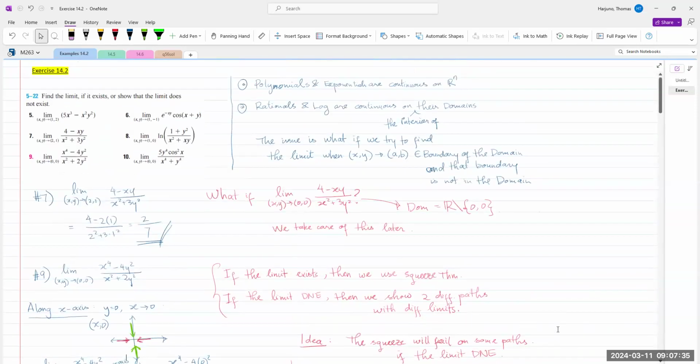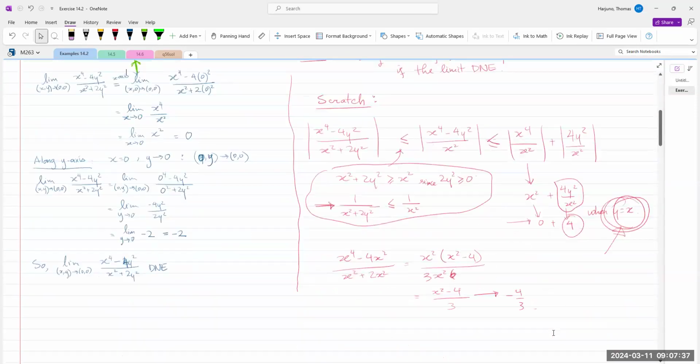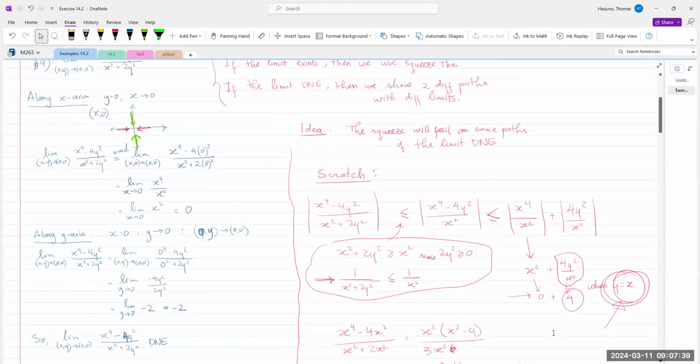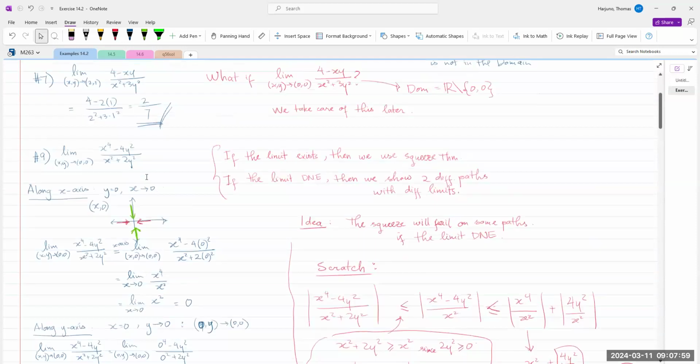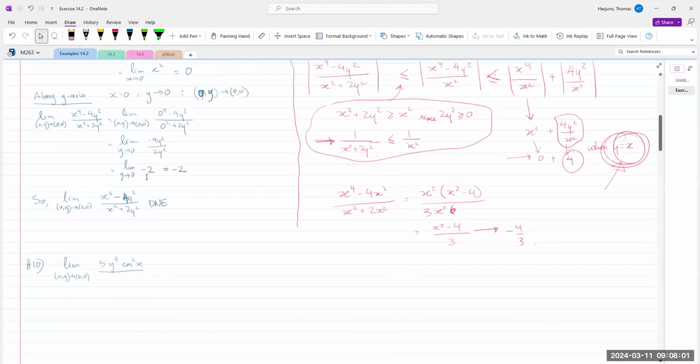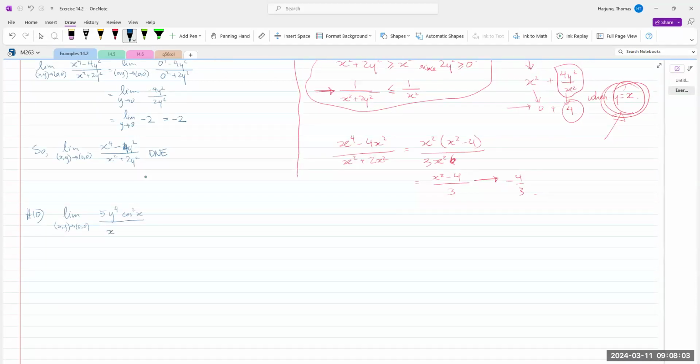Okay, let's see the next question. For example, number 10. Limit as x, y goes to 0, 0 of 5y to the 4th cosine squared x over x to the 4th plus y to the 4th.